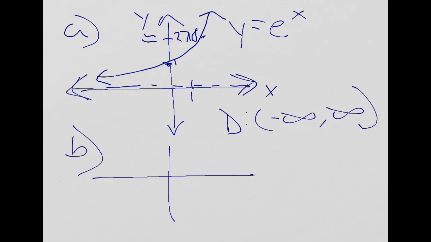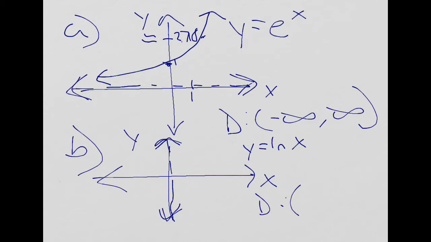Log function. So we have a vertical asymptote if it's y equals ln of x, and that means the domain does not include 0, but it continues from there to infinity, as you're going to see. This is its graph.